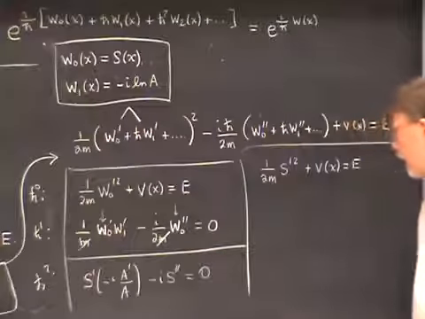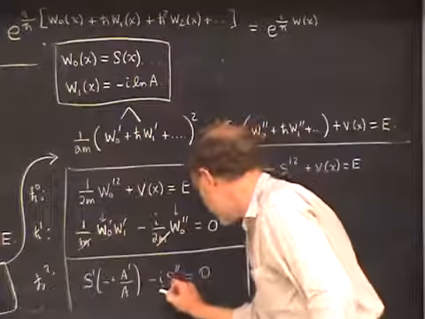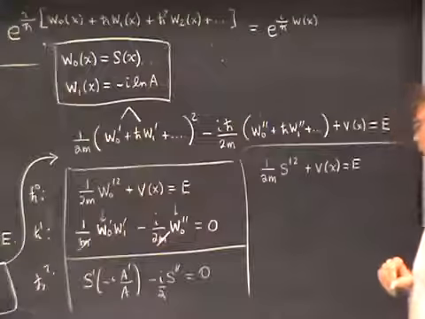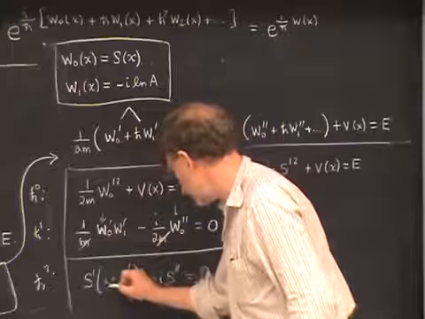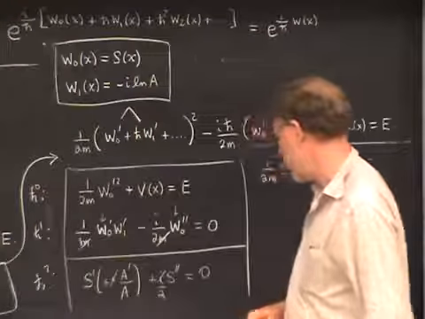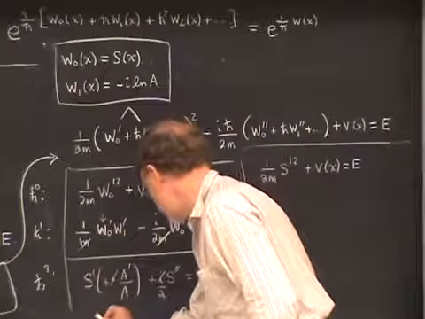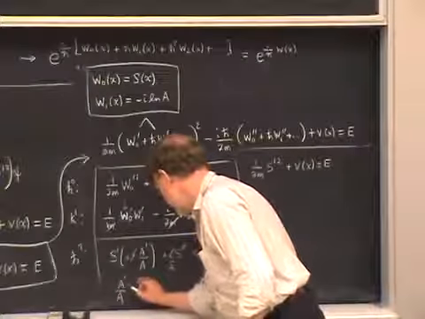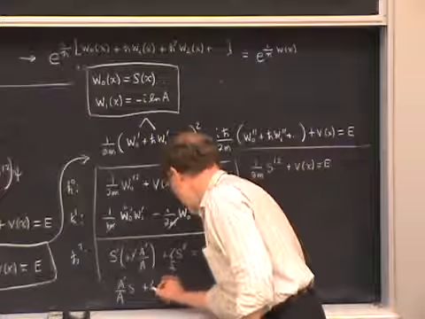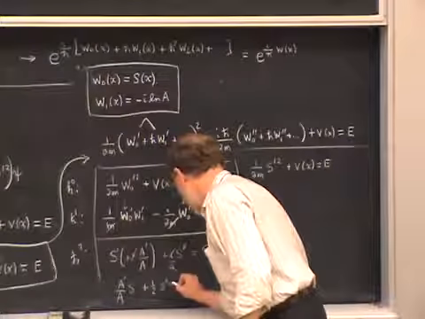And you change the two minus signs to a plus, the i's cancel, so they go away. And this can be written now as a prime over a times s prime plus 1/2 s double prime equals 0.